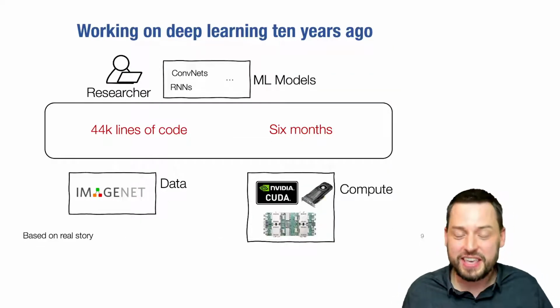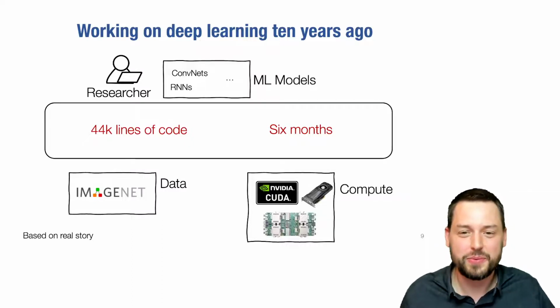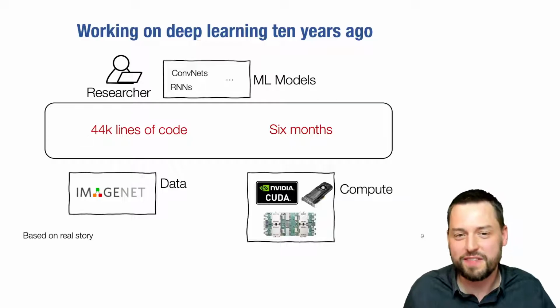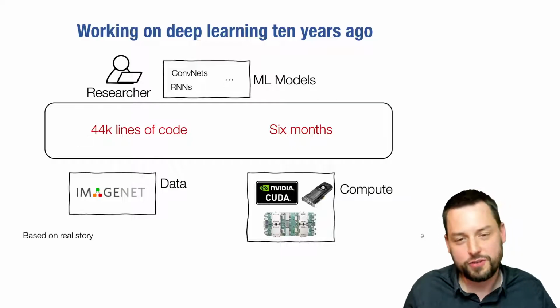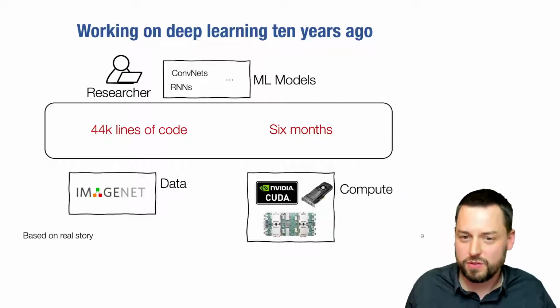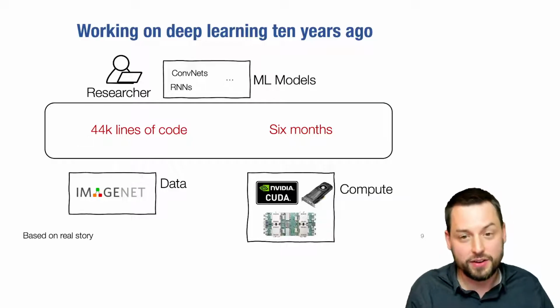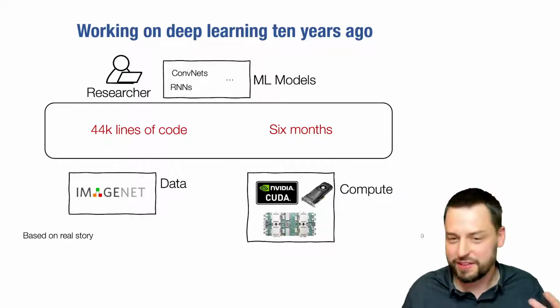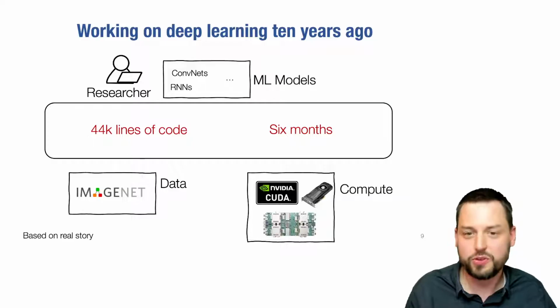But Tianqi was actually working on deep learning back in 2012, when a lot of these architectures were first being developed. In fact, one of his first projects as a PhD student was to write code for convnets that would accelerate their development on GPUs. This is around the same time that AlexNet and such was being developed.